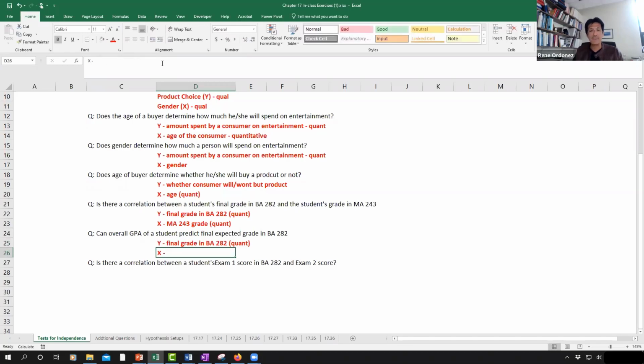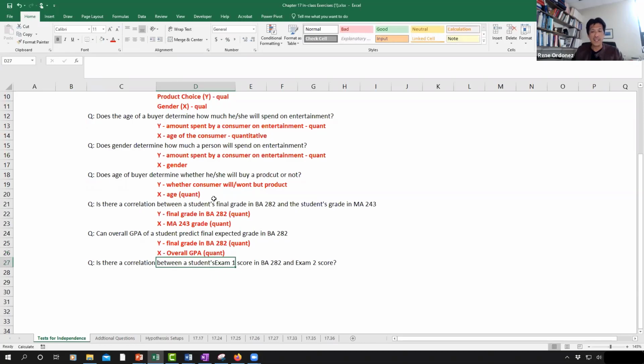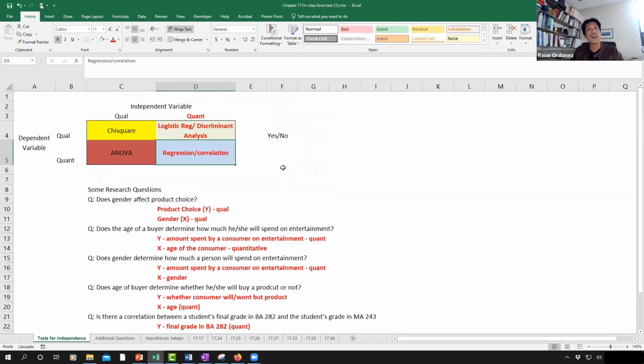Yeah. Okay. And x, what is the predictor variable here? The x would be the overall GPA of the student. All right, which is also quantitative. So this will require the use of regression and correlation analysis.